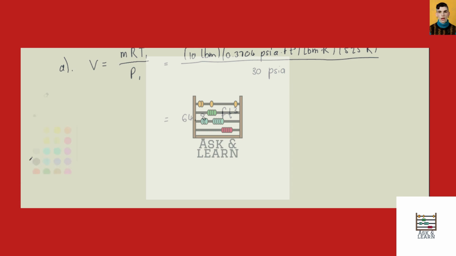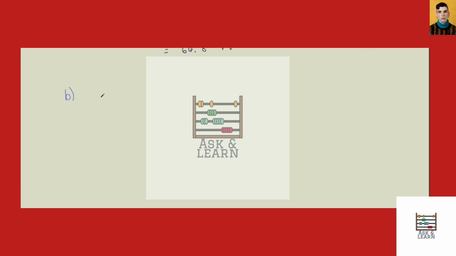Now for part B, we want to calculate the heat transfer in the system. So we take the air in the tank as our system, and we write our energy balance equation: energy in minus energy out must equal the change in energy of our system. All we have into the system is heat.